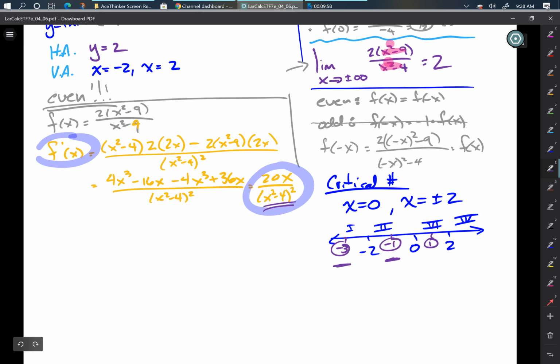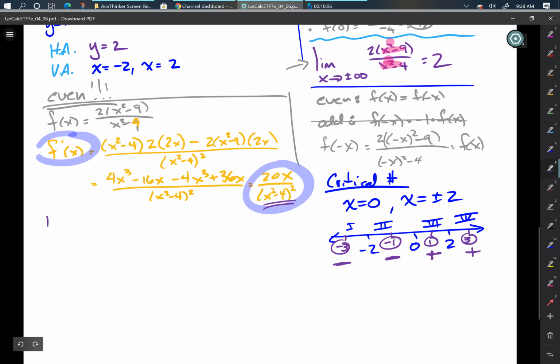Positive 1, denominator is always positive, makes the numerator positive, and 3 positive. So it looks like we are decreasing from negative infinity to negative 2, union with negative 2 to 0, and we are increasing from 0 to 2, union with 2 to infinity.